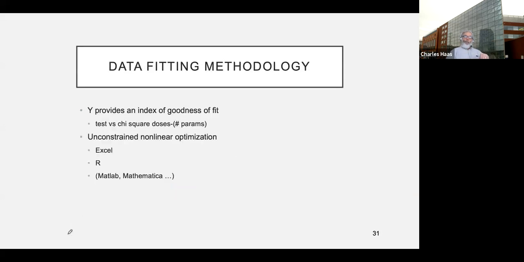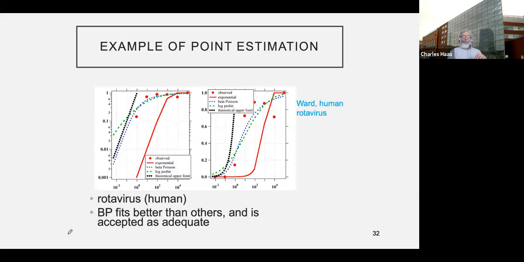I can do this in a variety of platforms. Excel, although I tend to say never do Excel for serious research. R, MATLAB or Mathematica, Python, etc. So we've done that, and really the objective of what I'm talking about here is not how to fit dose response models, but what to do with them.